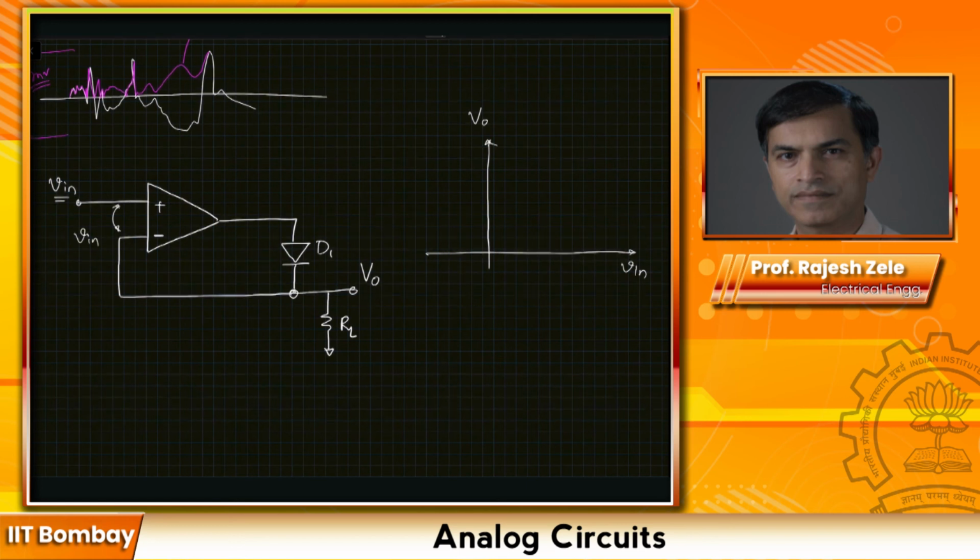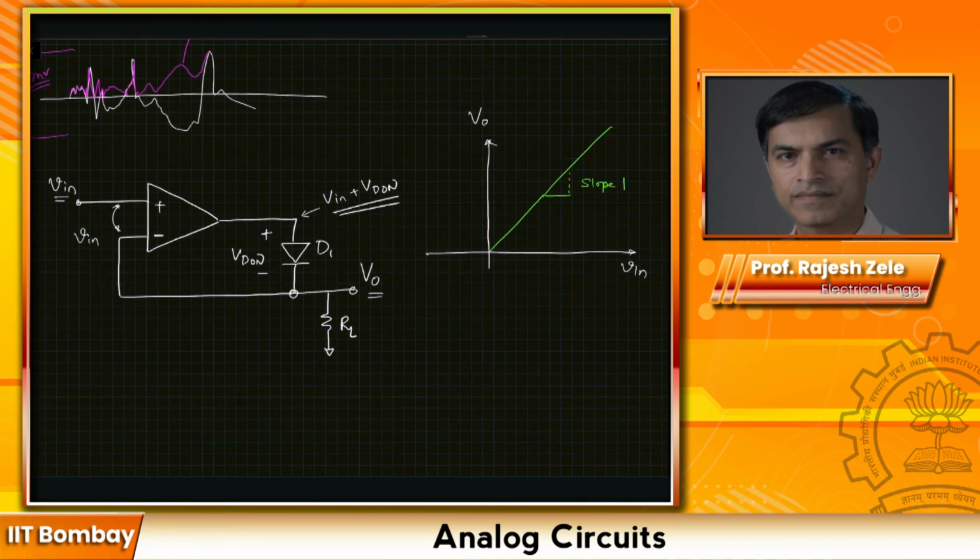If the diode D1 is on, then we should see plus minus VD on, and this voltage should be Vin plus VD on. So this seems reasonable. Now the Vin shows up at the Vout. The output looks like a straight line from here, just like this, and you will have a slope of 1.